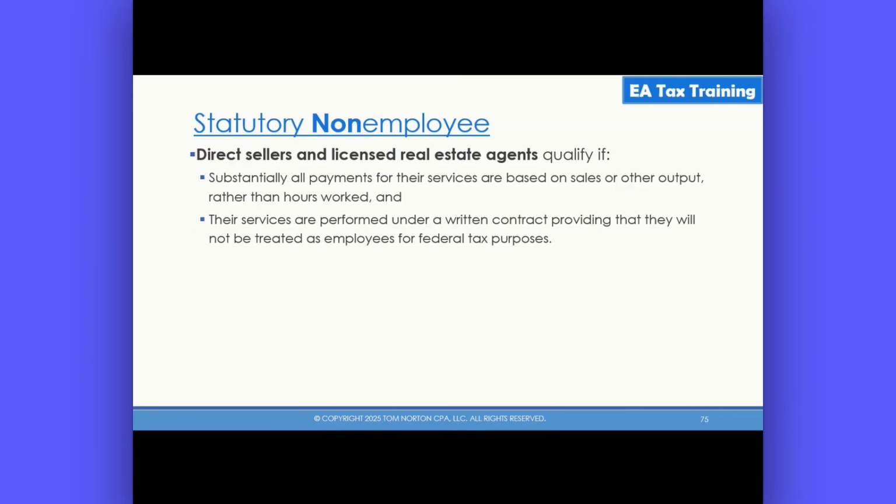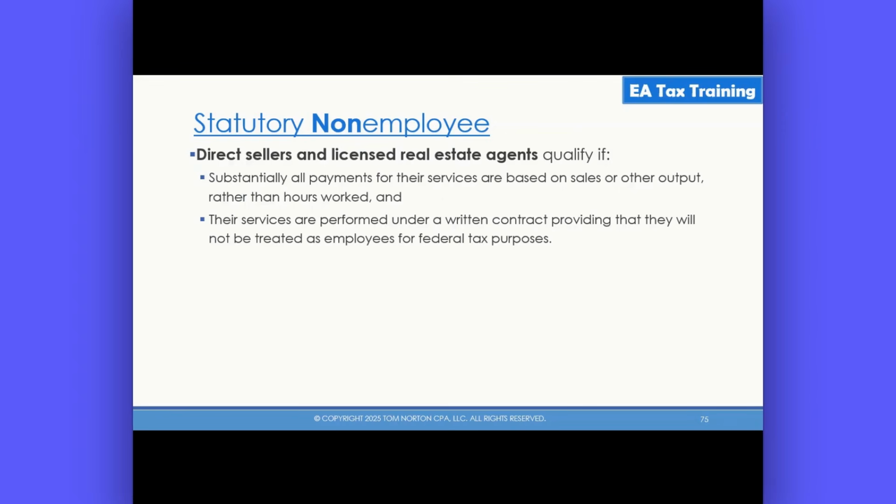So for direct sellers and licensed real estate agents, they will qualify as a statutory non-employee if substantially all the payments for their services are based on sales or other output rather than hours worked. So in other words, they're working on commission. So that's the first thing. They're working on commission. And they've got a written contract where they agree that they are an independent contractor.